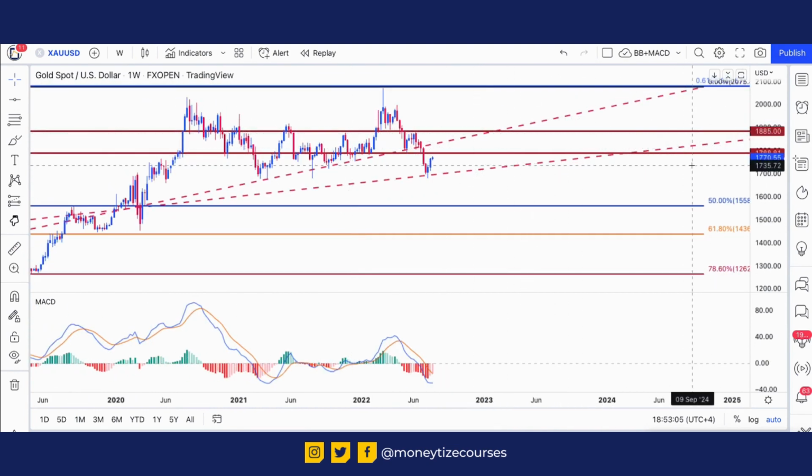So these are the two levels, two horizontal lines, which are marked on the basis of previous peaks on the line chart.